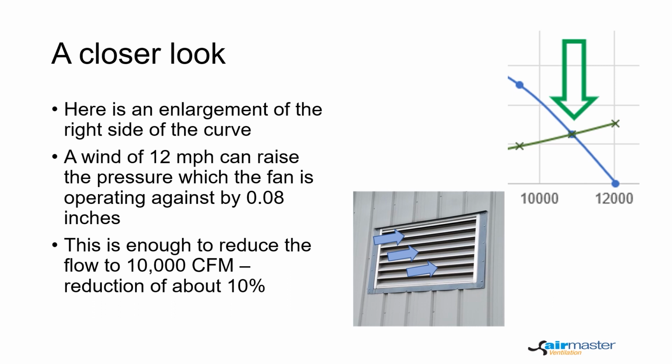So we follow the fan curve starting at the green arrow, the point with the original system curve, and the fan curve, and follow it to the point where the fan curve reaches around 0.2 of an inch. And the horizontal gray lines here are each 1/10 of an inch. So instead of the 11,000 CFM we're expecting, now at 0.2 of an inch, it's only going to be 10,000 CFM.